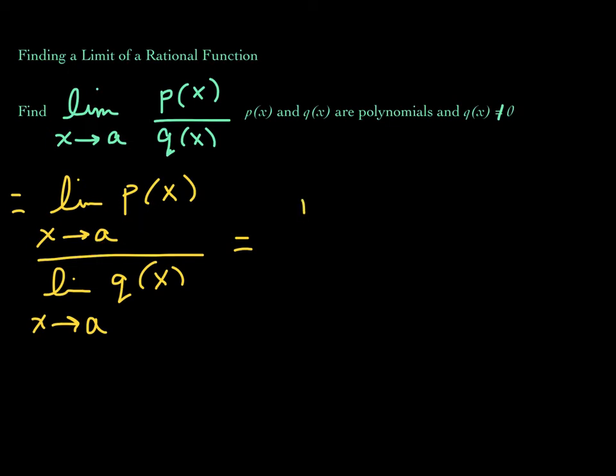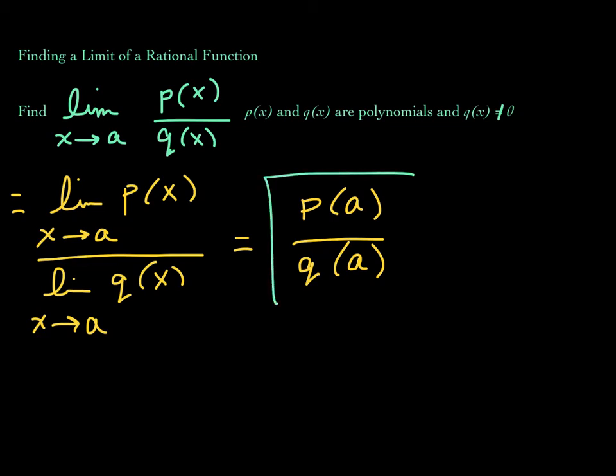So the numerator is simply p of a, and the denominator is simply q of a. That's the limit. That's what they're looking for. So if you have a rational function, just plug that value a into the function in the numerator and into the function in the denominator and evaluate.